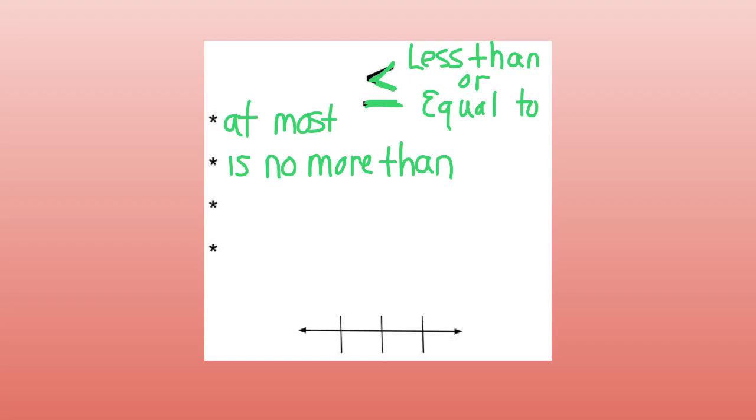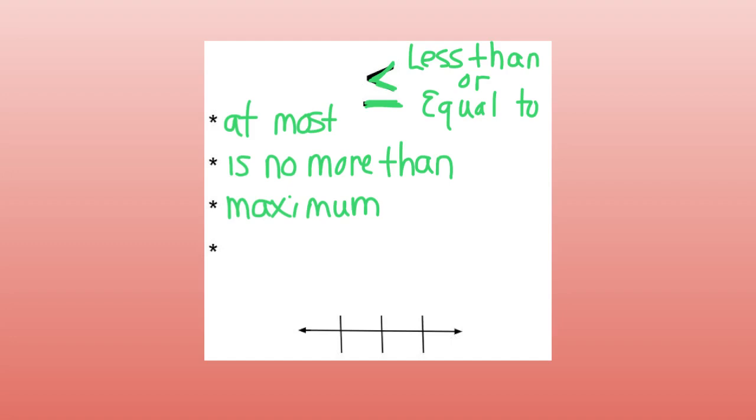That means less than or equal to is your symbol. You might see maximum. That means less than or equal to is your symbol. Now, of course, there might be other words as we go along, but we're going to start with this list.